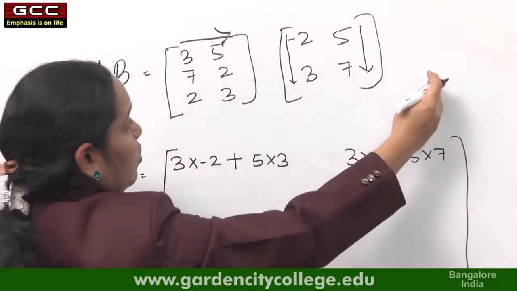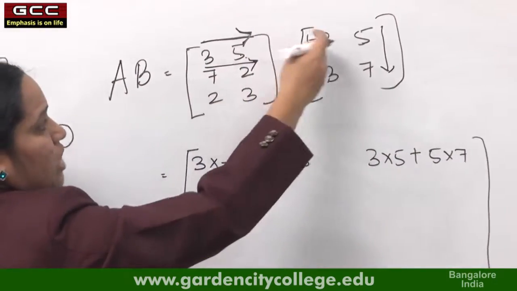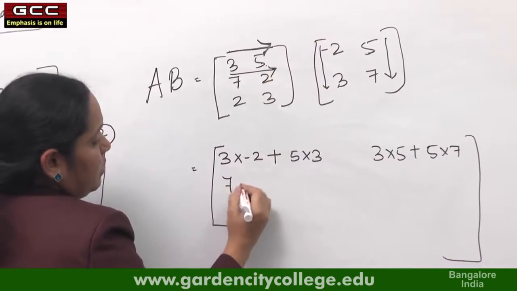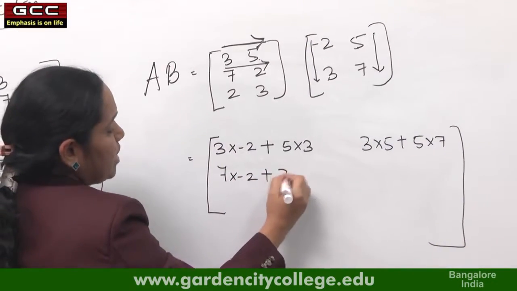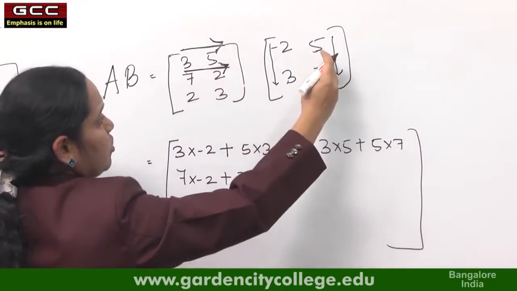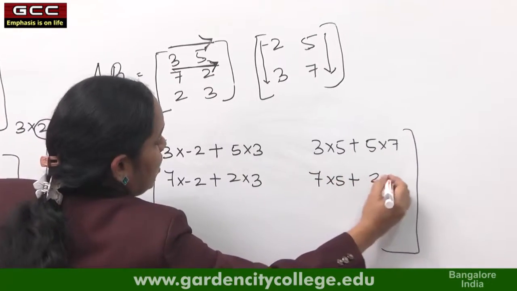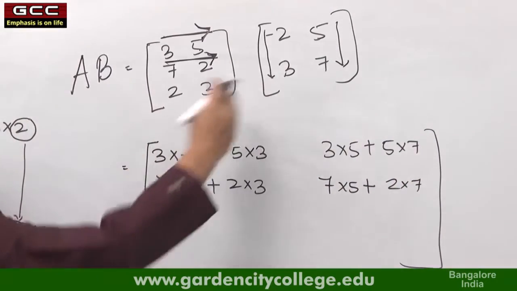There is no other column here, so we are coming to the second row. Take the second row, operate it on the first column, 7 into minus 2 plus 2 into 3. Similarly, take the second row, operate it on the second column, 7 into 5 plus 2 into 7. There is no other column.